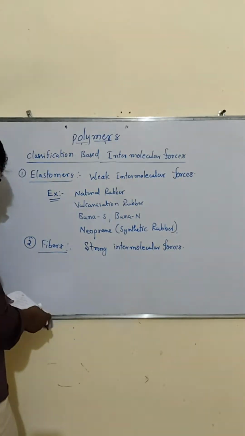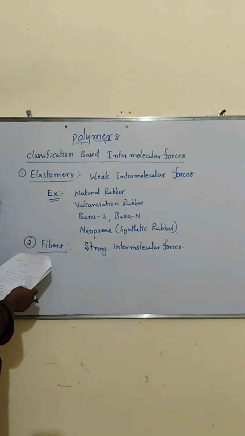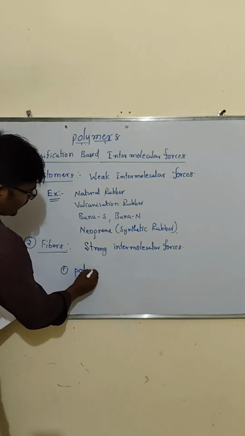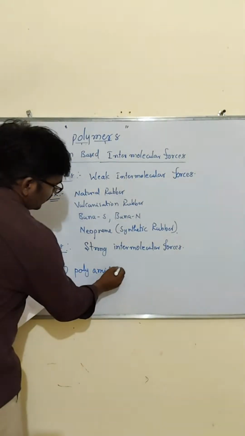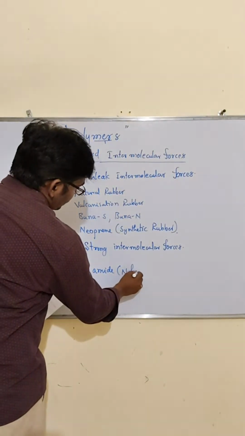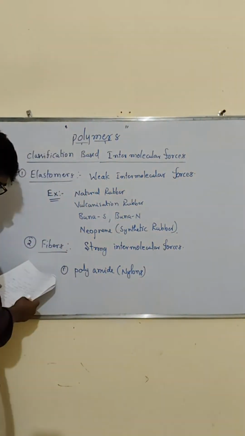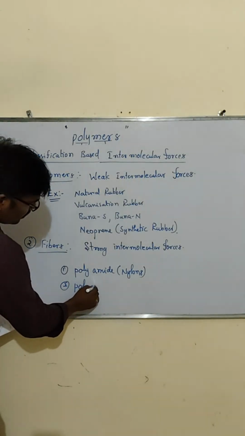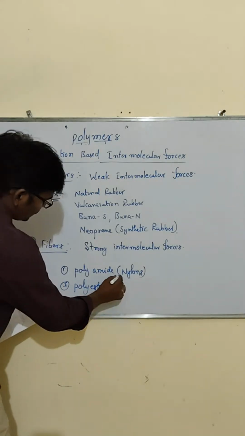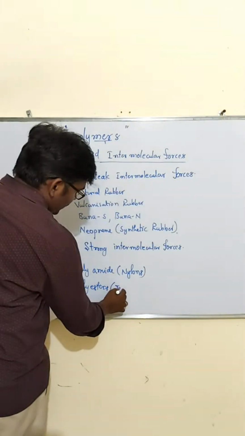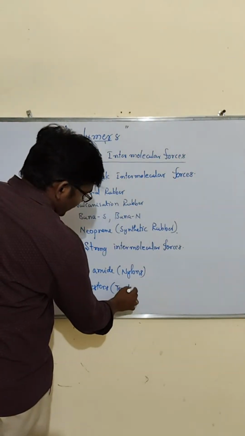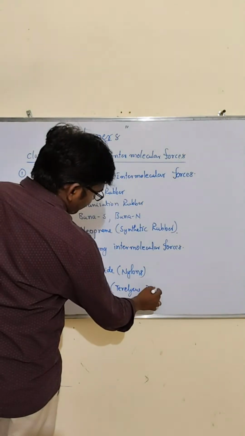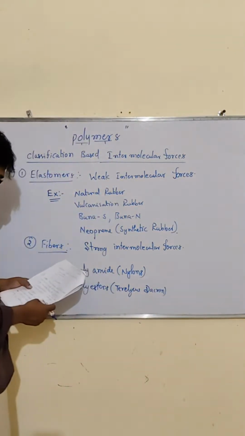So what are the examples for the fibers? Fibers: polyamides, nothing but nylons. Polyamides, nylons are the examples. Polyesters, the example is terylene or dacron.